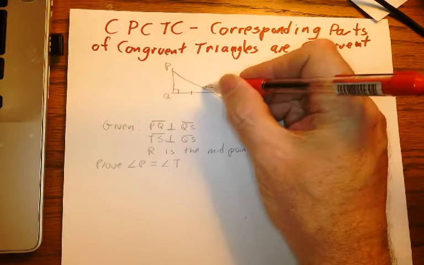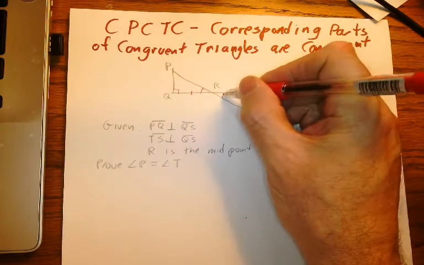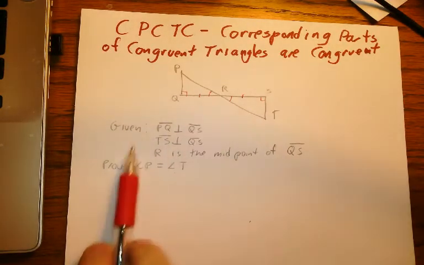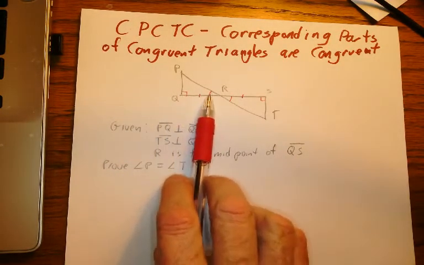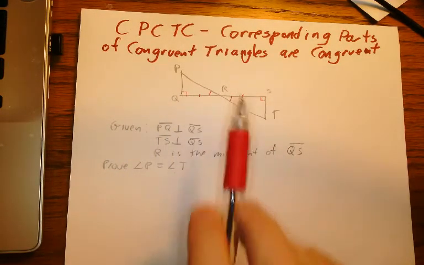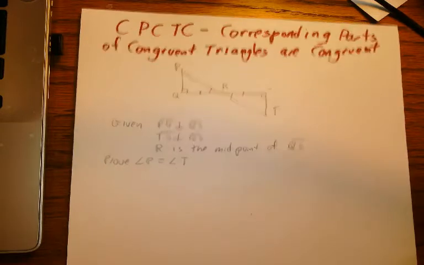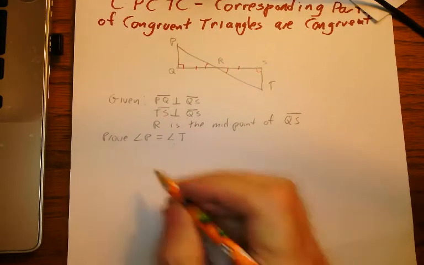Well, we can get this right here. These are vertical angles. Those two angles are equal. So now these two triangles are congruent by angle, side, angle. Now the words I just said and the markings I just did are the proof. All the proof really now is just to write down what we did.